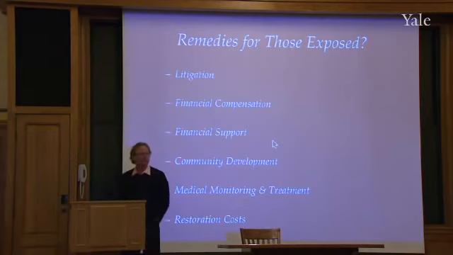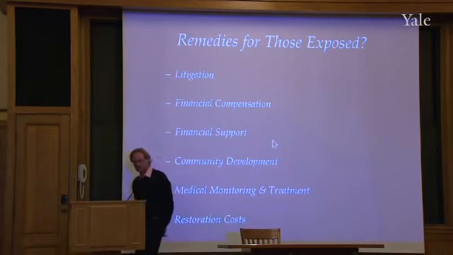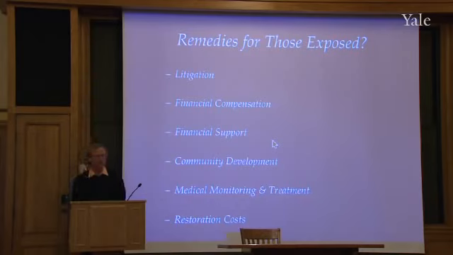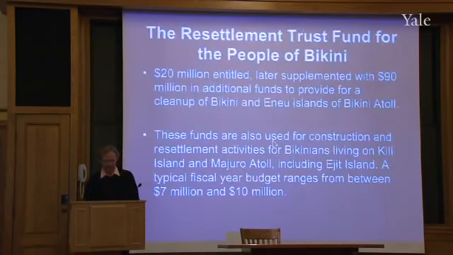Financial support, so the building of schools or hospitals or roadways or job training, is another possible form of support, or community development. Medical monitoring and medical treatment, and also the landscape restoration costs, such as those that occurred when they removed the soils and brought in the trees, which cost the government $100 million.